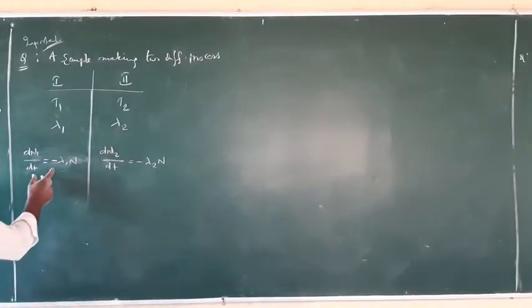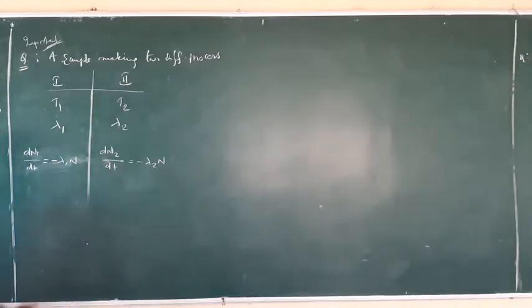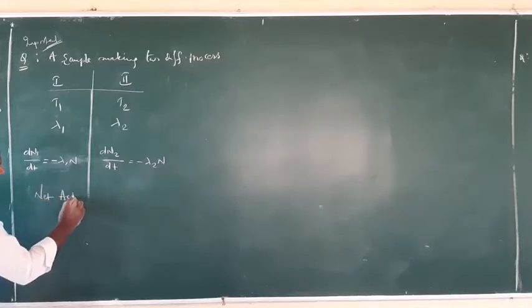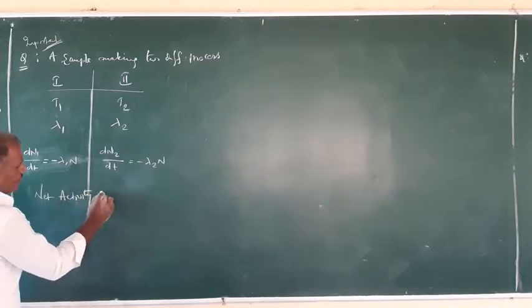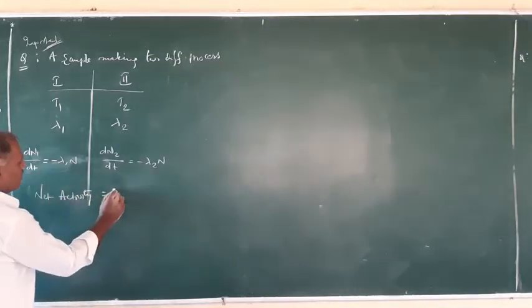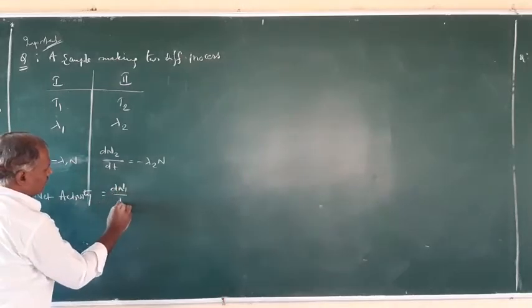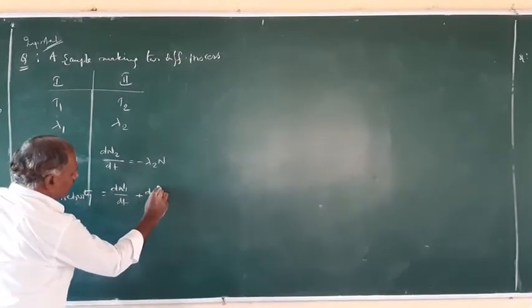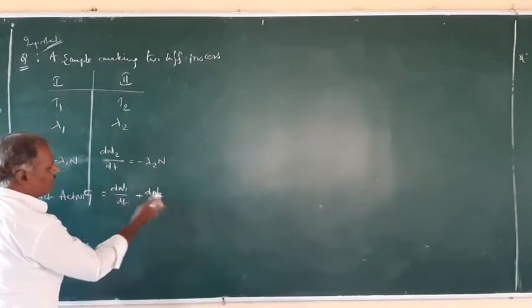Now the resultant total activity is given by the sum of these. So I can put the net activity as A, or I can write it as dN1/dt plus dN2/dt, or A1 plus A2, you can write both.